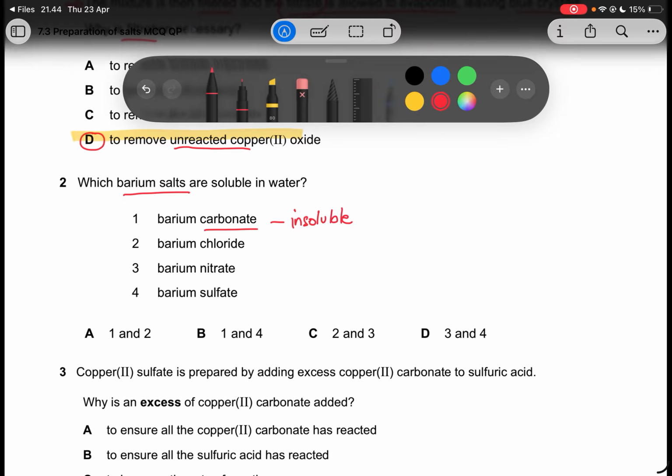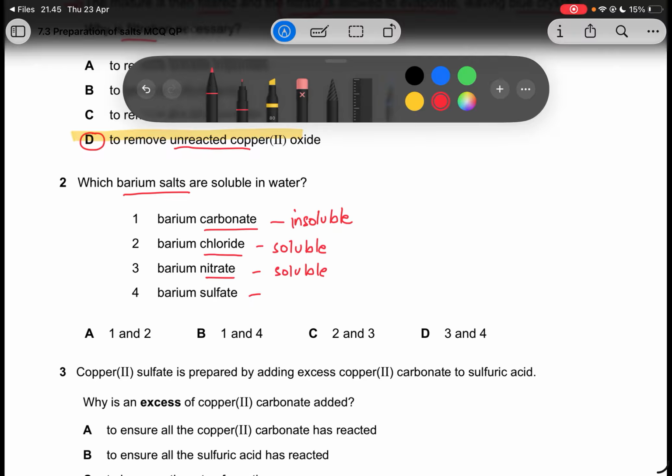Most carbonates are insoluble except for sodium, potassium, and ammonium. In chlorides, most of them are soluble except for silver and lead. So it means barium chloride is soluble. In nitrates, all of them are soluble, no exemption. So barium nitrate is also soluble.